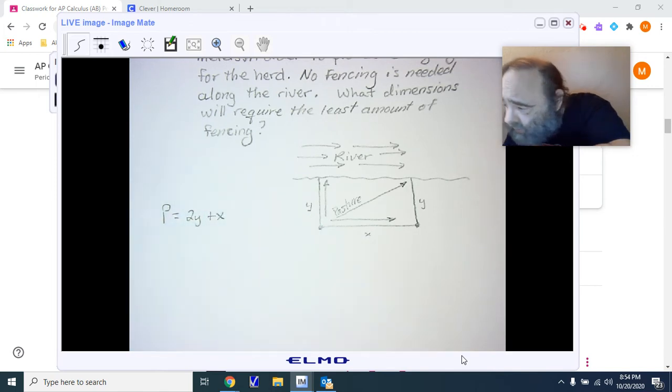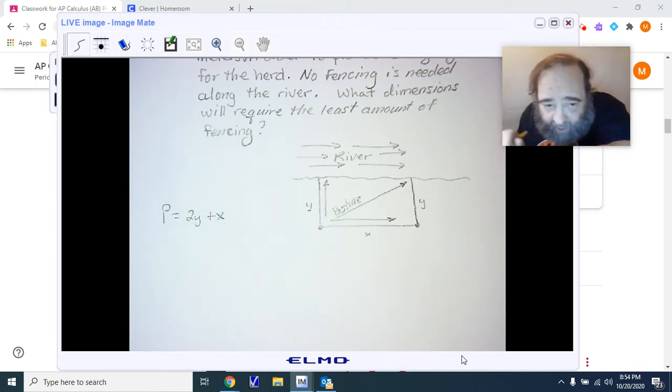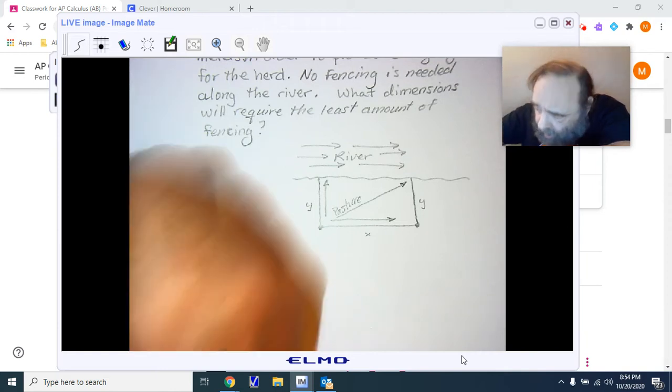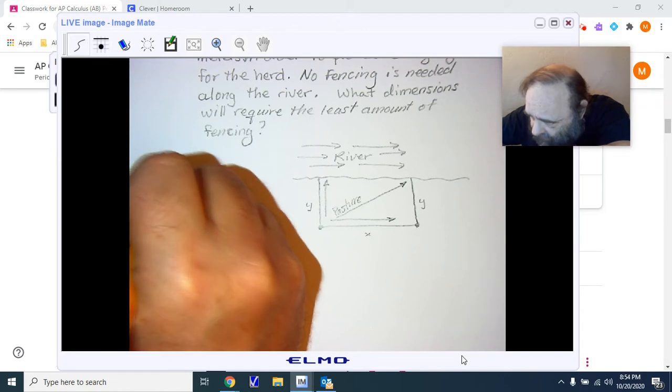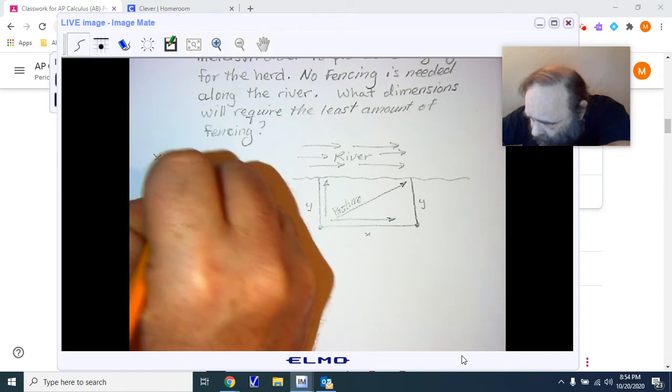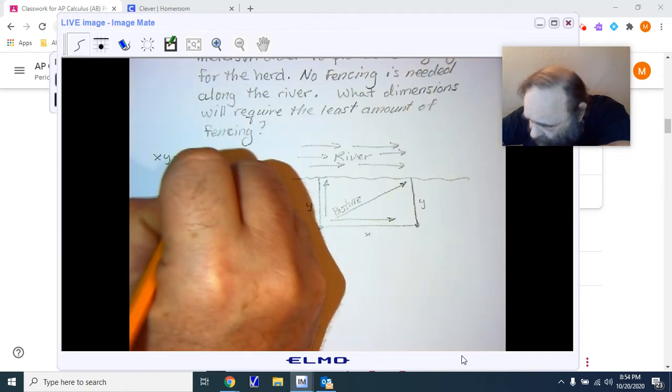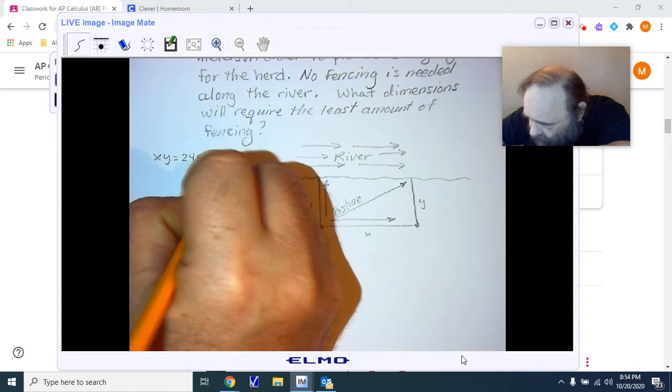And this is what I want to minimize. Now, if I'm going to minimize it, that means that I have to have one variable, and I have two. So what else do I know? Well, I know that the area, x times y, was 245,000 meters squared.